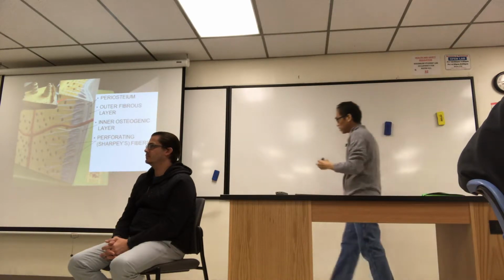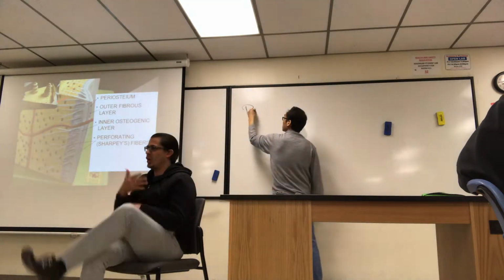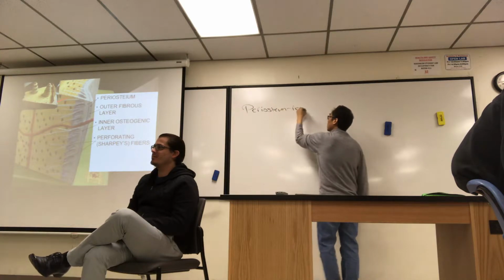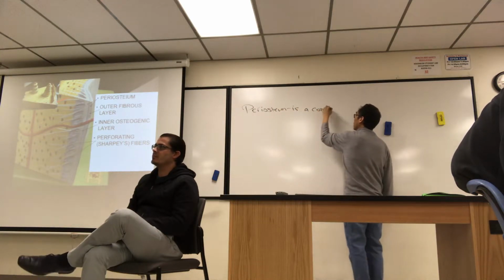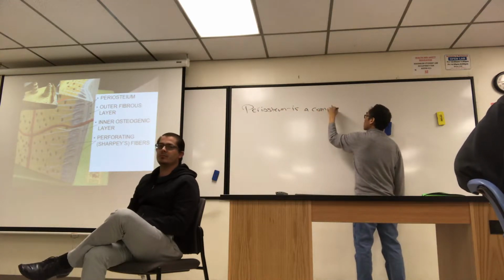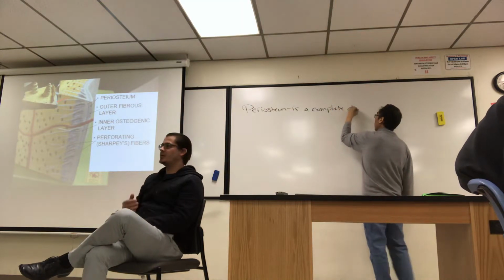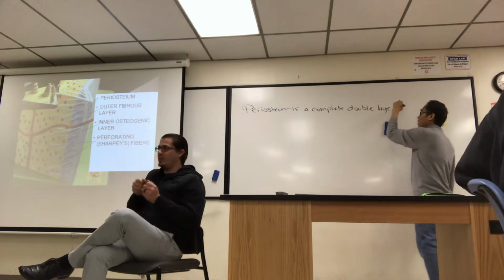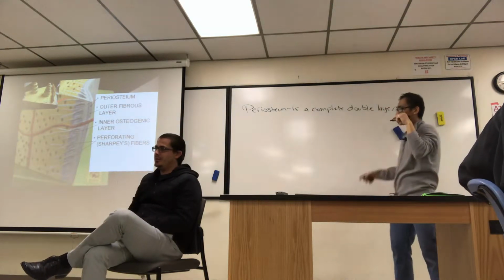So, the periosteum is a complete double layer. One layer is fibrous, one layer is osteogenic.